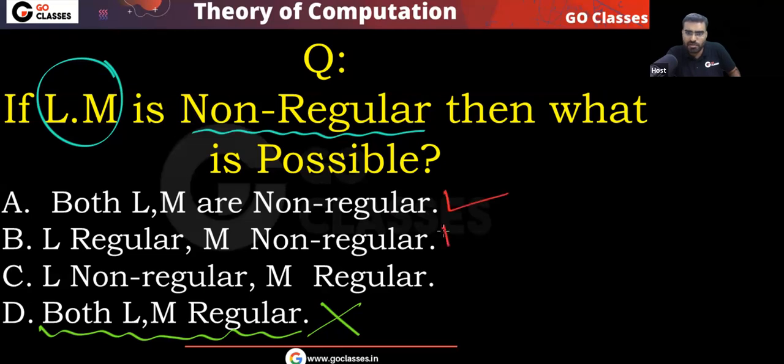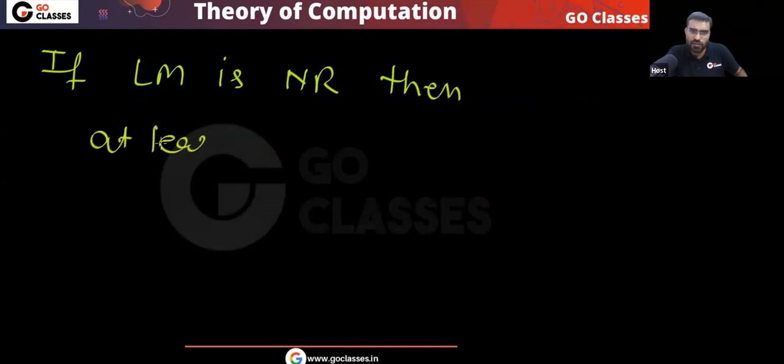Everything else is possible. Is this clear? If L·M is non-regular, can I say that at least one of them will be non-regular? Yes.